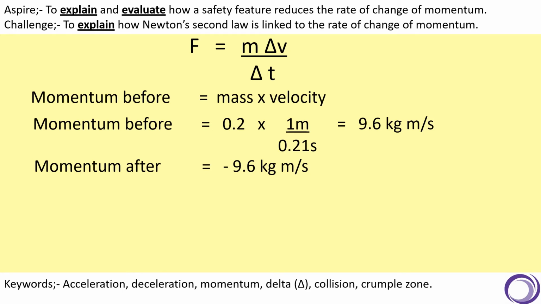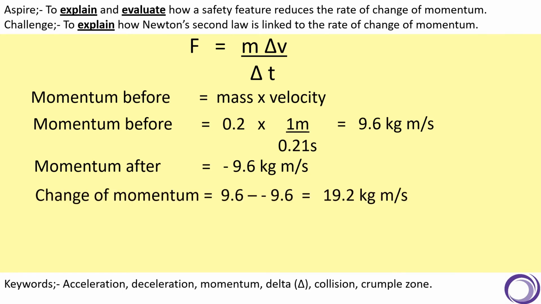We can then work out the change of momentum, which is the difference between the momentum before and the momentum afterwards. So it's gone from 9.6 to minus 9.6. It's changed a total of 19.2 kilogram metres per second. So that's our change in momentum.